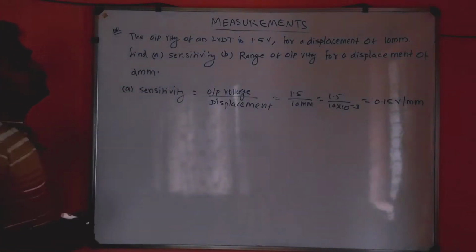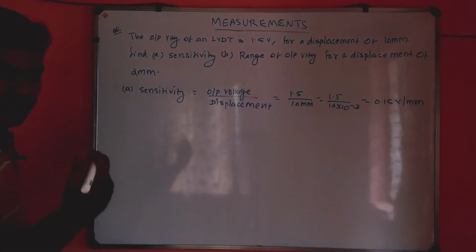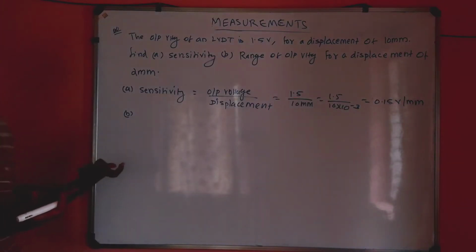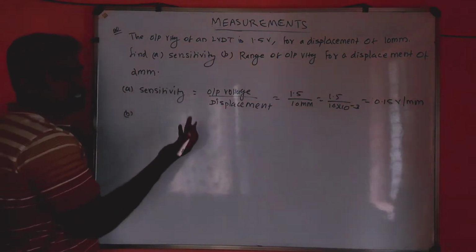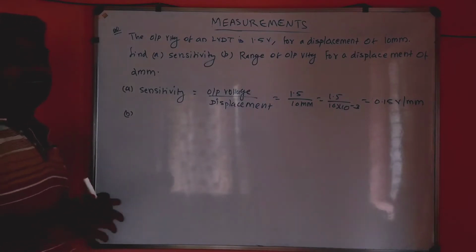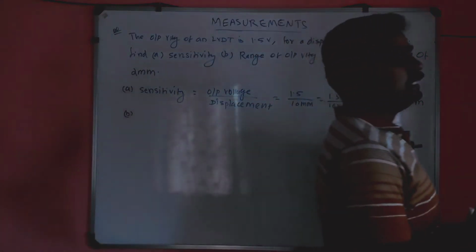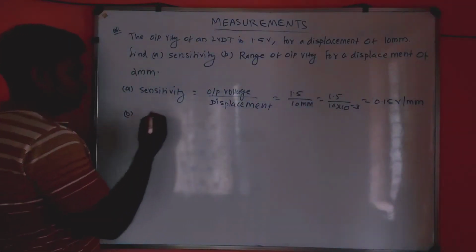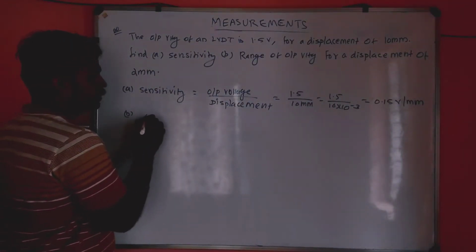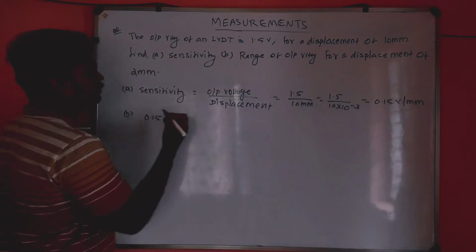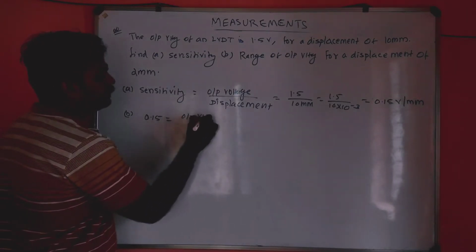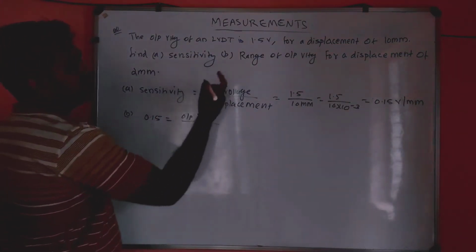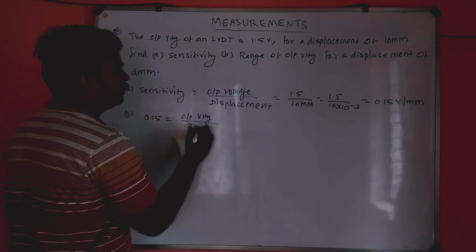And next, the output voltage for a displacement of 2 mm. If the displacement is 2 mm, then what will be the output voltage? That is simple. Sensitivity is constant, it won't change with time. So 0.15 equals output voltage divided by displacement, 2 mm.